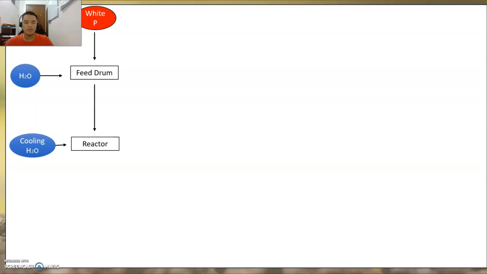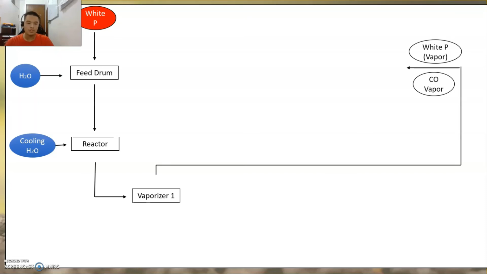Then the output stream of the reactor goes into the vaporizer, where one of the outputs is the mixture of carbon monoxide vapor and white phosphorus vapor. The other stream of the first vaporizer is sent into another vaporizer where heated carbon monoxide gas is also fed.